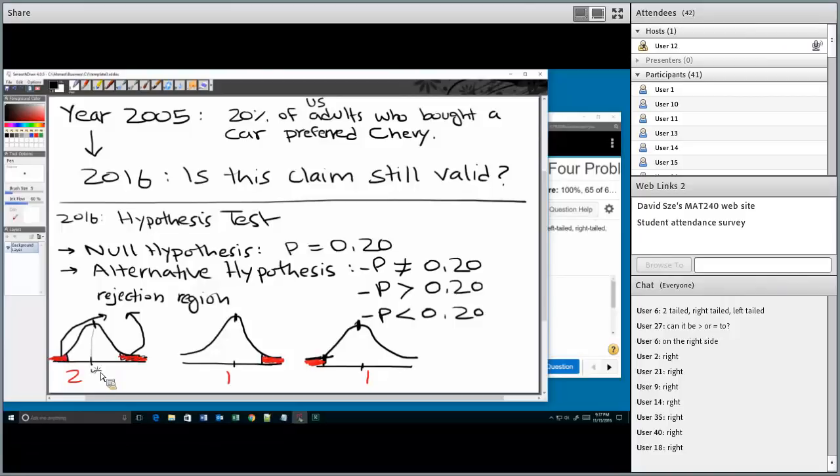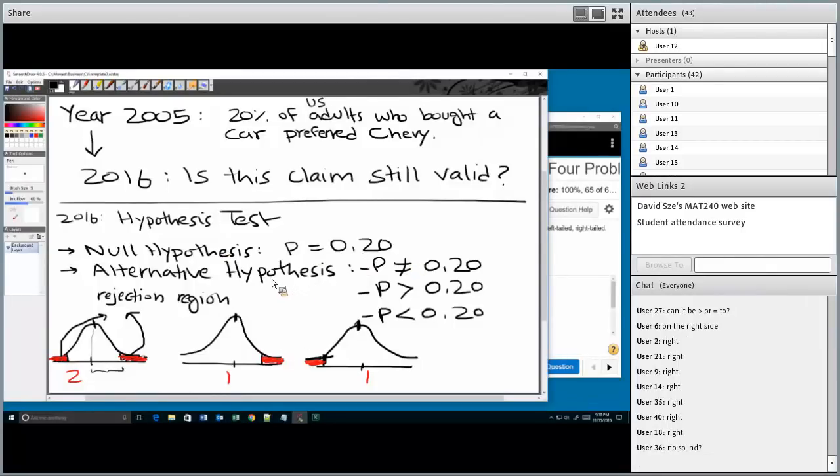If we are in this rejection region, we're far away from the center, so statistically we're much further away from the null hypothesis, in which case we reject the null hypothesis in favor of the alternative hypothesis.